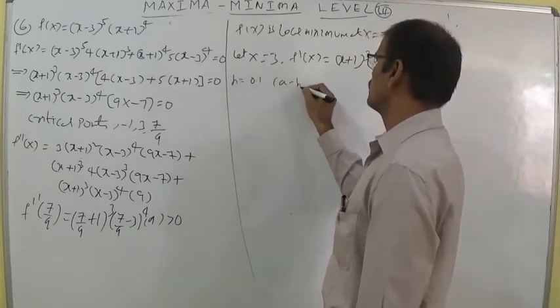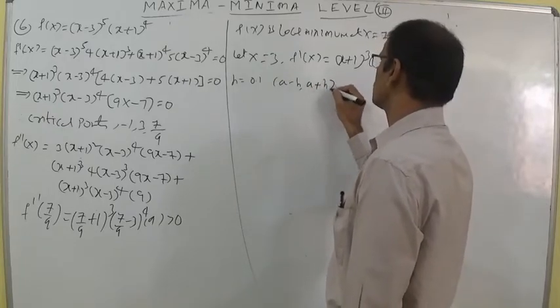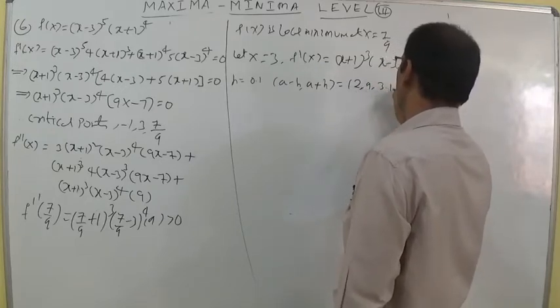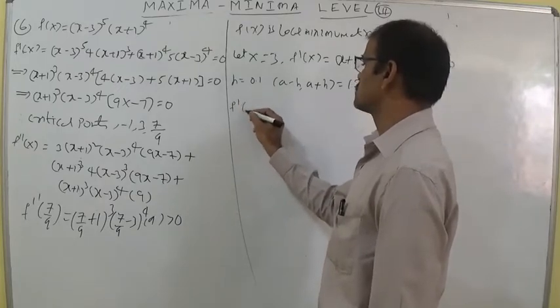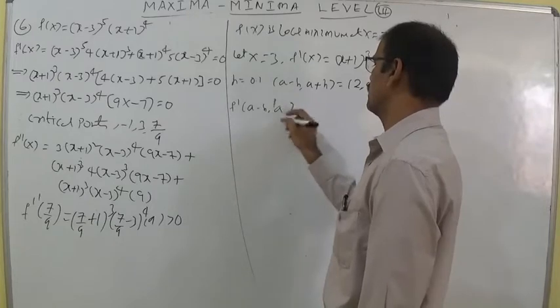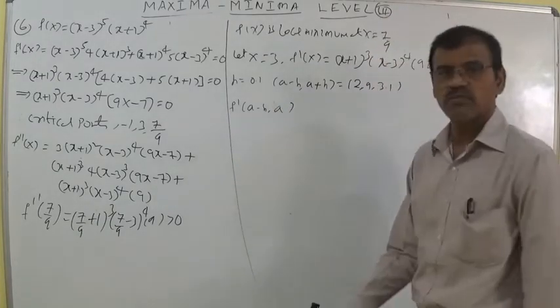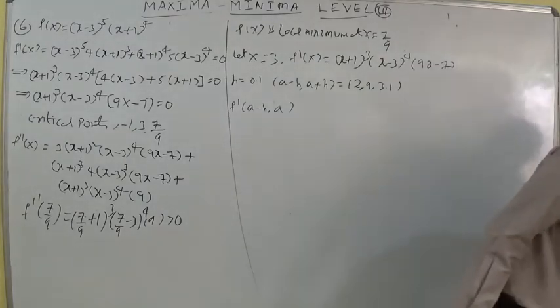Here I am writing a minus h comma a plus h, which is 2.9 comma 3.1. Now we will verify f' on (a-h, a), and see whether the sign changes from positive to negative or negative to positive.